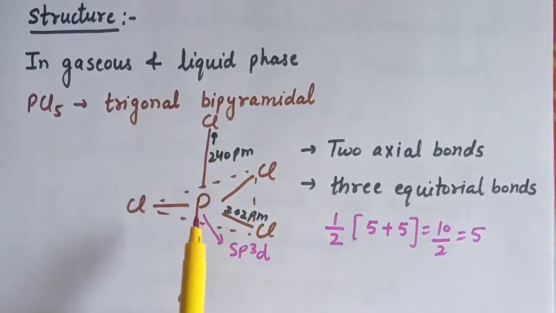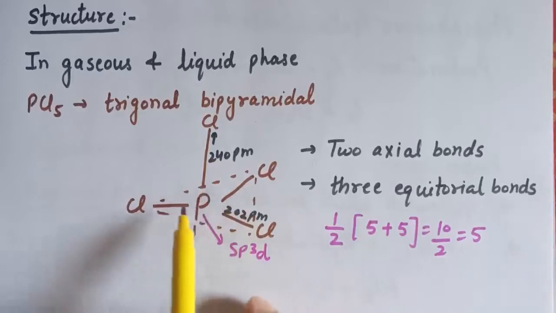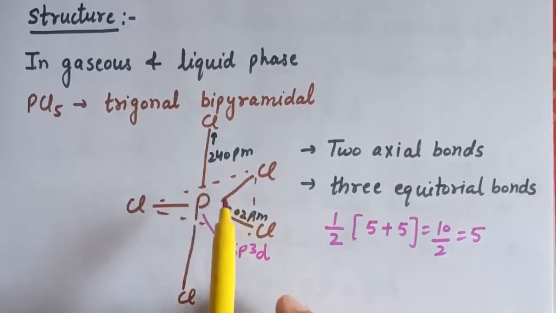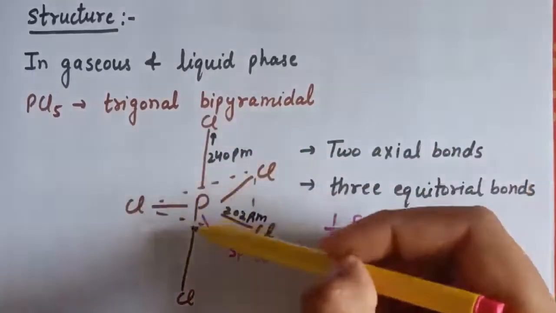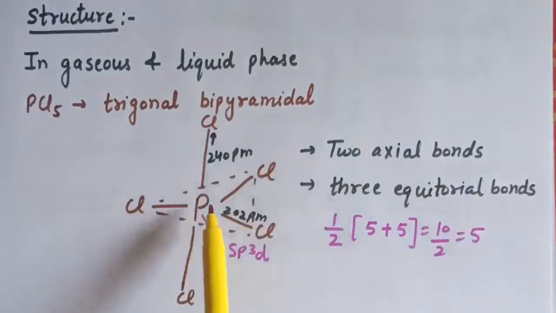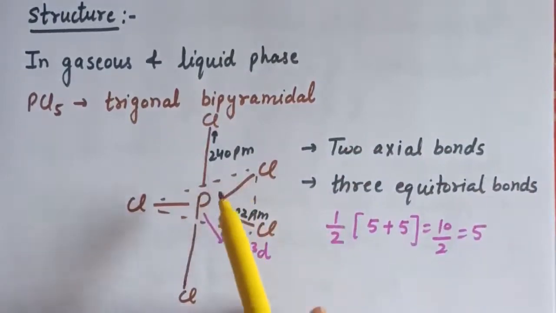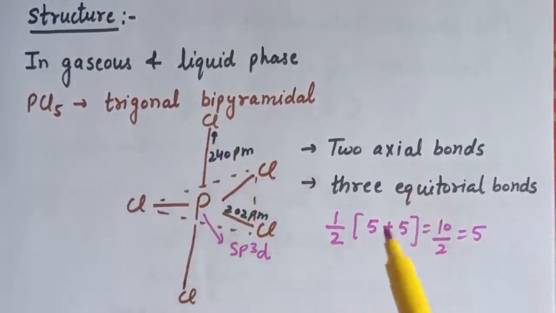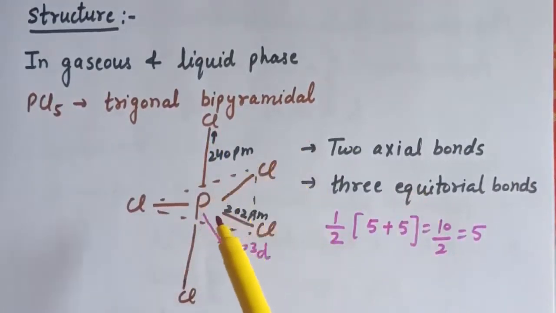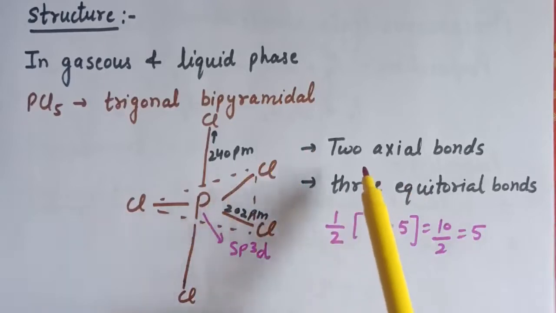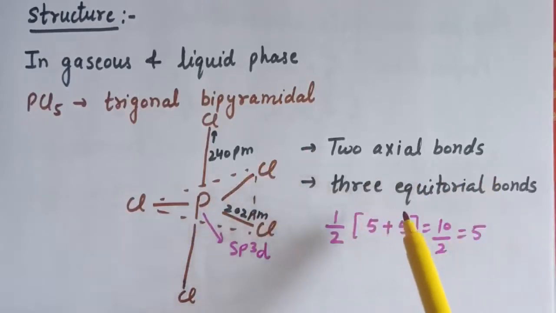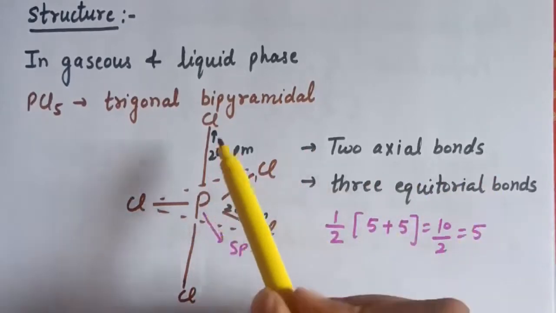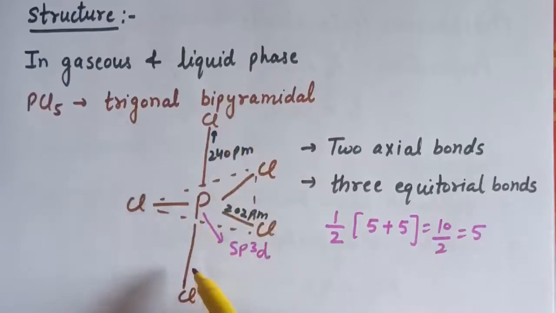Now the repulsion by these 3 bond pairs is more, and that is why these 2 bonds are longer as compared to these 3 bonds. And these 2 longer bonds are known as axial bonds. So in trigonal bipyramidal we have 2 types of bonds, 2 axial bonds and 3 equatorial bonds, and the bond length of axial bonds is longer as compared to equatorial bonds.